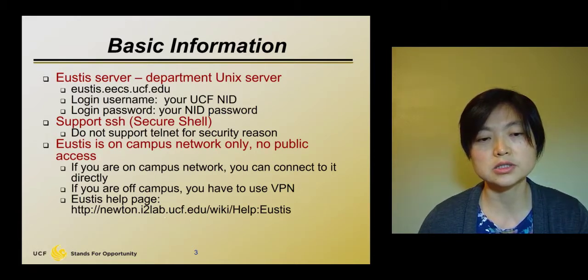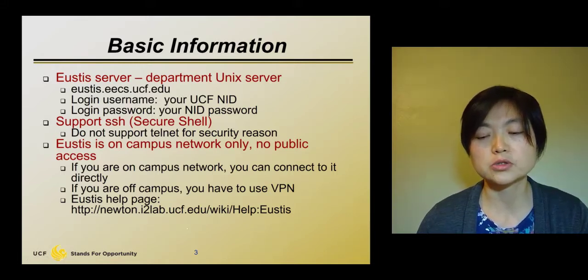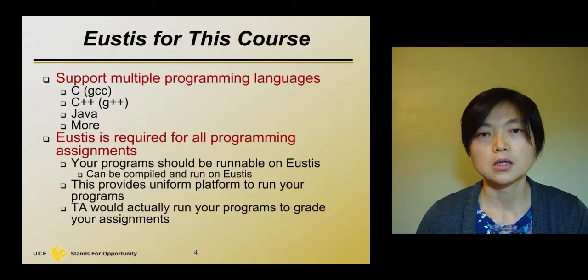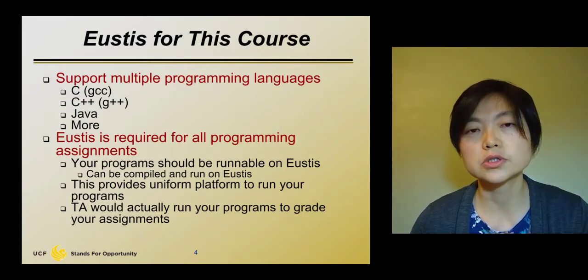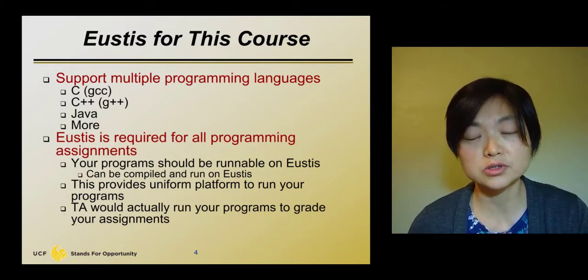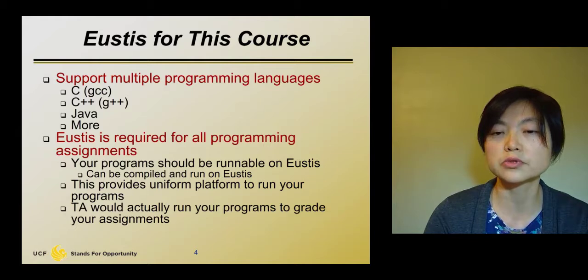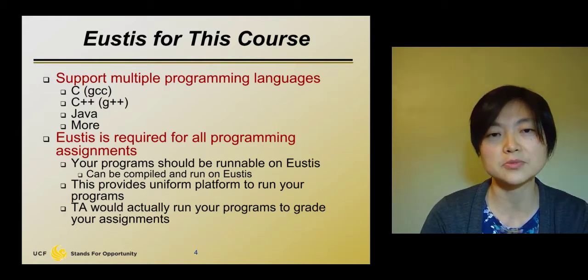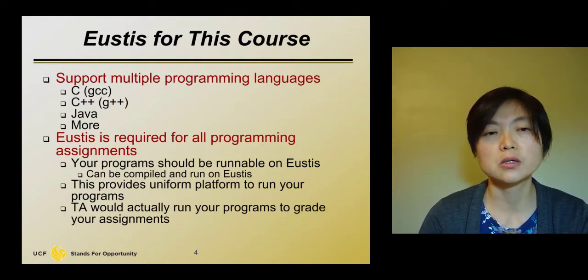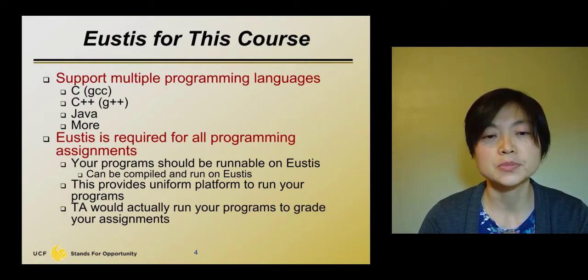Here I list the Eustis help page. If you have questions, you can first look up this page. Why is the Eustis server important for this course? Because we want to use Eustis for all the programming assignments. As we mentioned earlier, for our programming assignments, we allow C, C++, and Java.